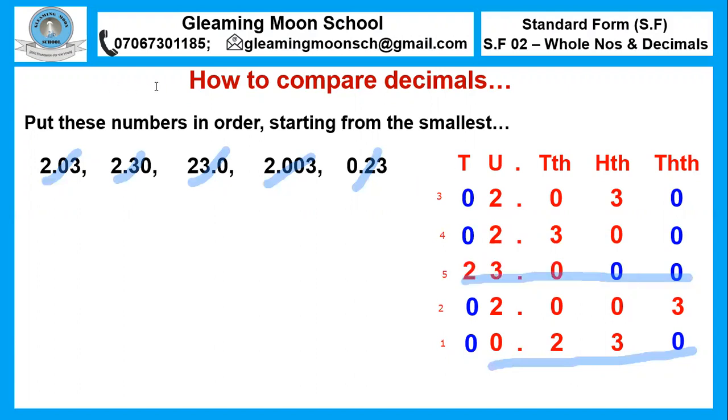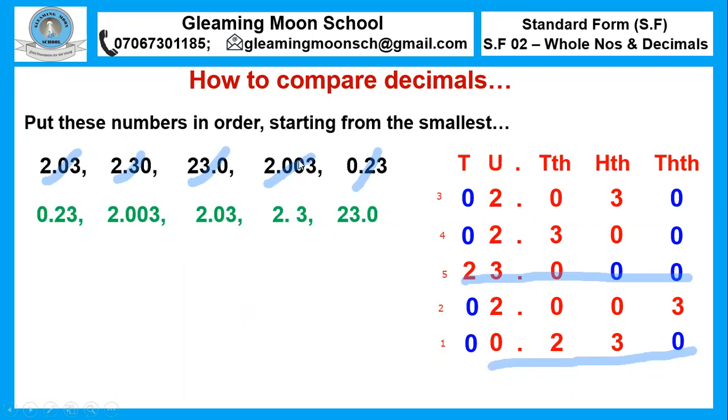So in that way, we can now write out the answer to this question, which is this. You can see our number 1 number, 0.23, is there as the first one, because it says put these numbers in order starting from the smallest. So you start, this is the smallest, followed by this, followed by this, followed by this, and then this.